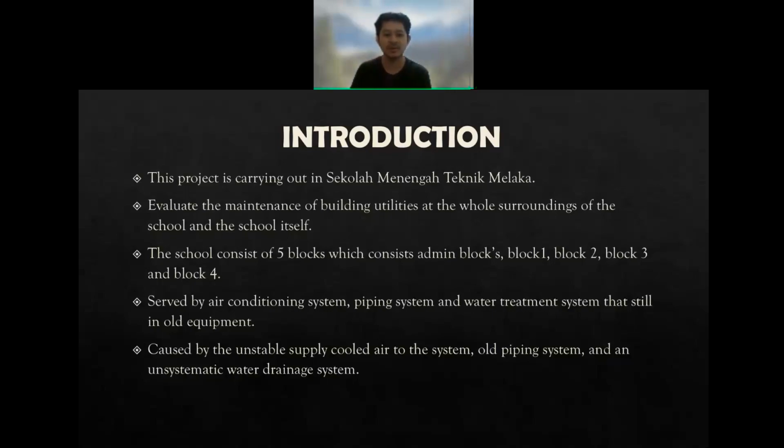The school consists of 5 blocks: the admin block, block 1, block 2, block 3, and block 4. The school is served by an air conditioning system, piping system, and water treatment system, that is water drainage, that's still in all equipment.